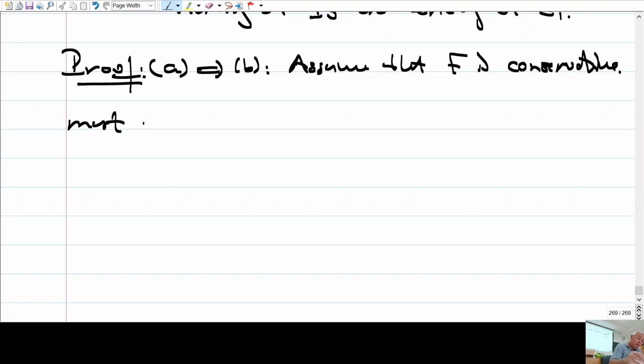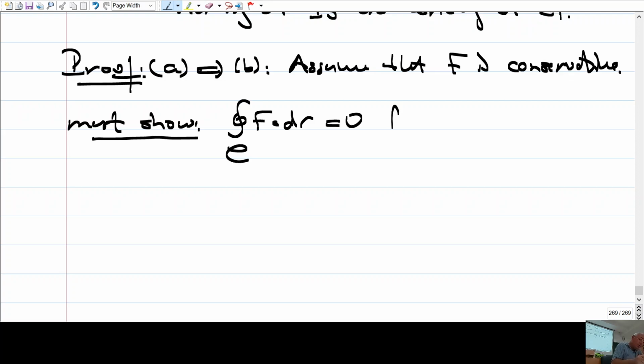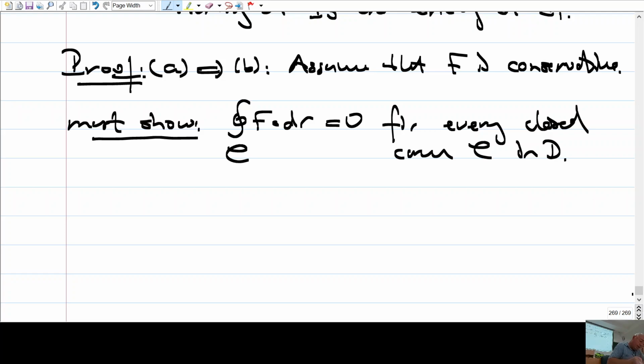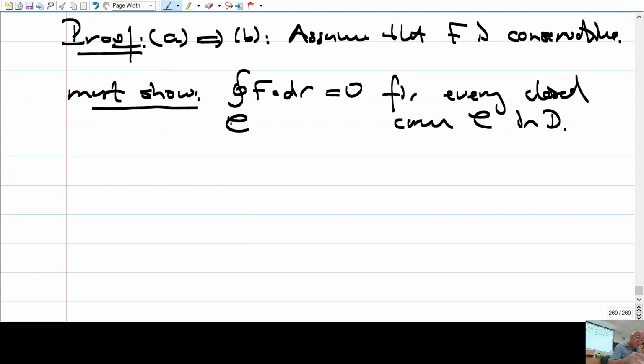We must show this integral F dot dr is equal to 0 for every closed curve C in D. Okay, now let's see this.